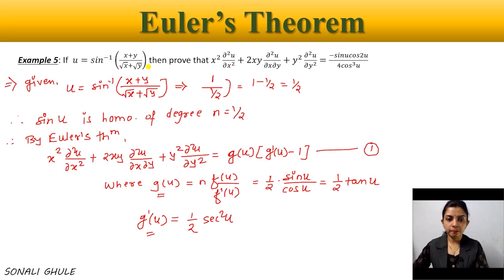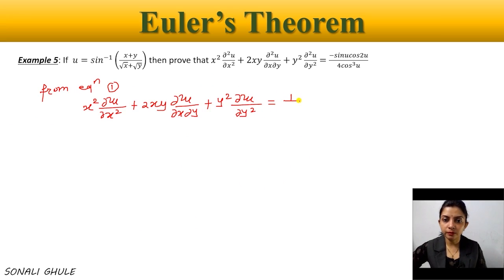So here, what is our value for g of u? By using this formula, we have to put here value for g of u and g dash of u. So g of u is 1 by 2 tan u, right? 1 by 2 tan u in bracket g dash of u minus 1, and g dash of u is 1 by 2 sec square u minus 1.